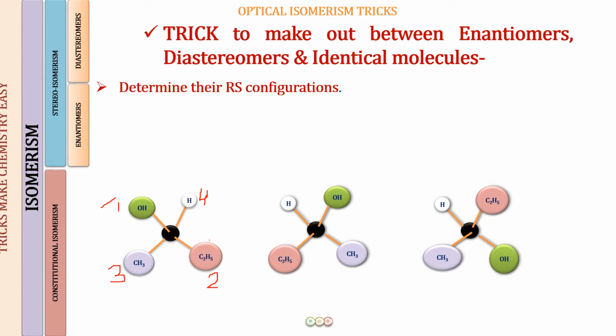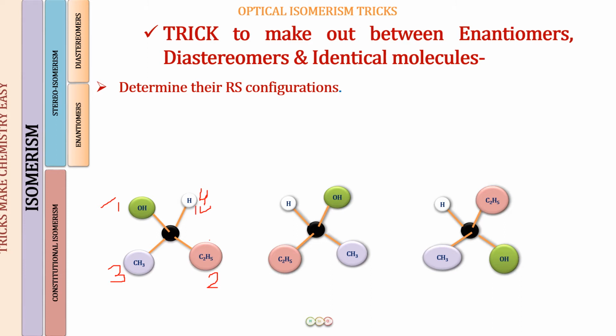Here you can see that the bonds shown on the carbon are projecting towards us, and the ones behind are projecting backwards. So group number 4 is already projecting backwards. In a wedge and dash representation it should be on the dash or hashed wedge, and in the case of the Fischer projection it should be on the vertical line. Remember this.